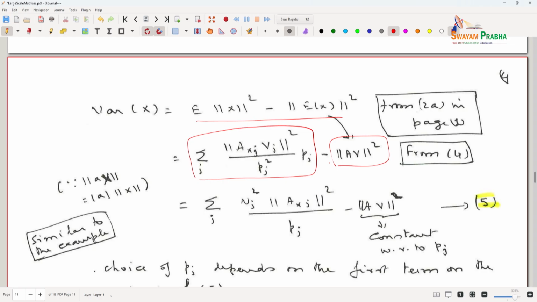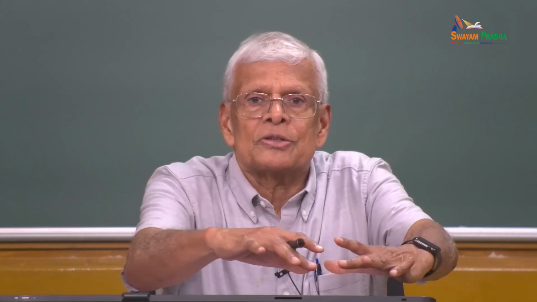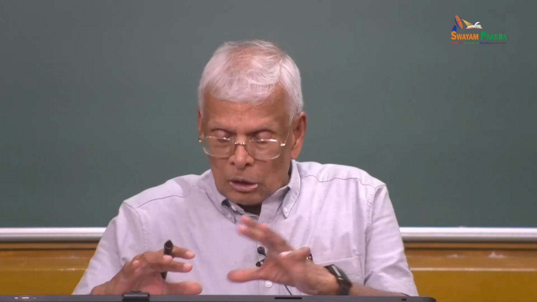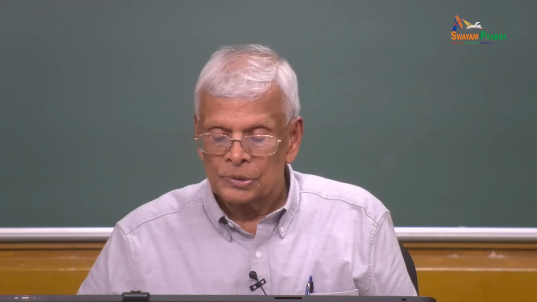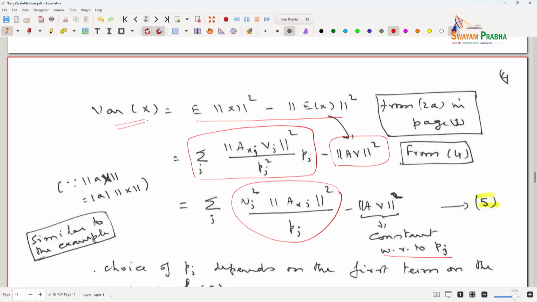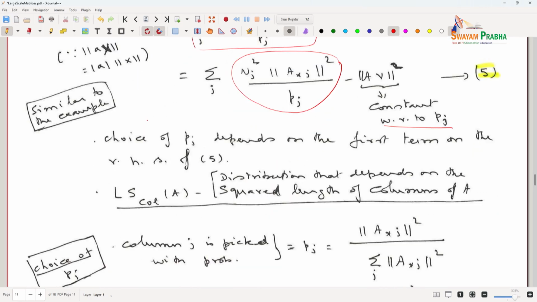The second term is a constant term which is independent of Pj. The first term depends on Pj. So, this is the variance. Now, please understand the same pathway that we used in scalar estimation also comes in vector estimation. So, I need to be able to choose Pj that depends only on the first term, because this is the only thing I can control by controlling Pj.